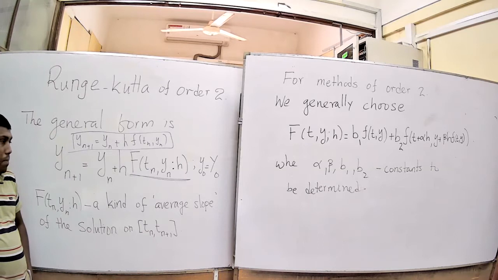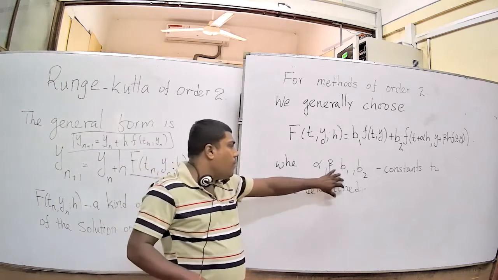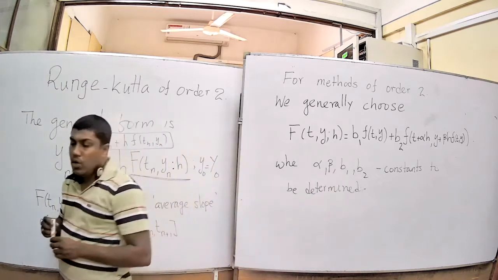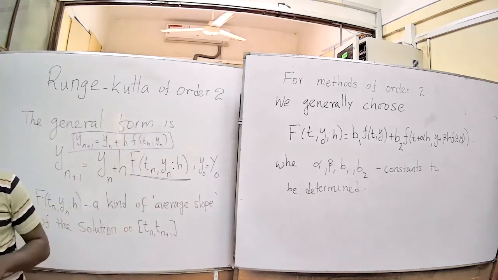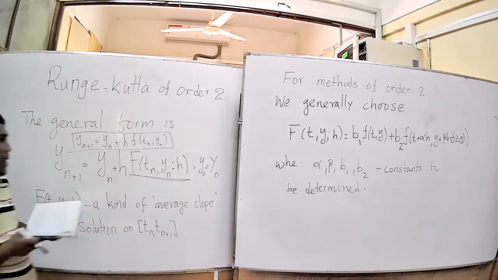So now basically the goal is to first determine the constants. Alpha, beta, b1, b2 are the constants, and you may have to verify this. So how do you determine this?